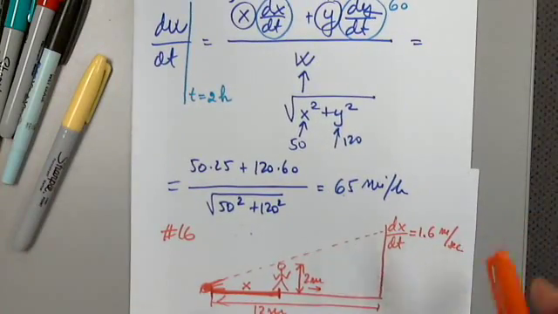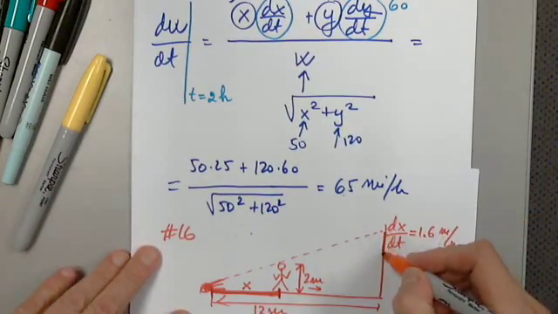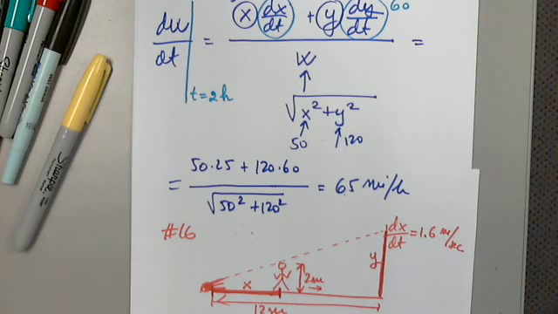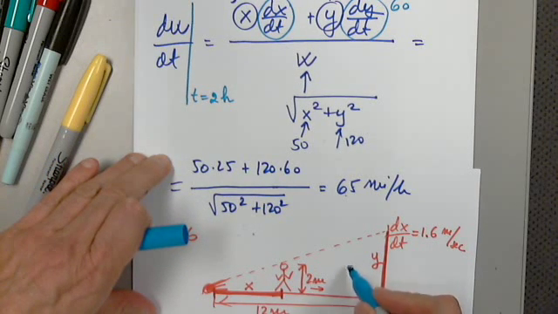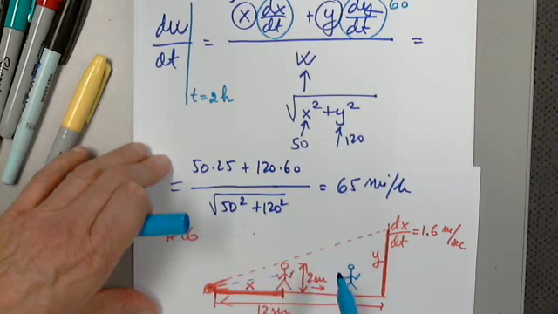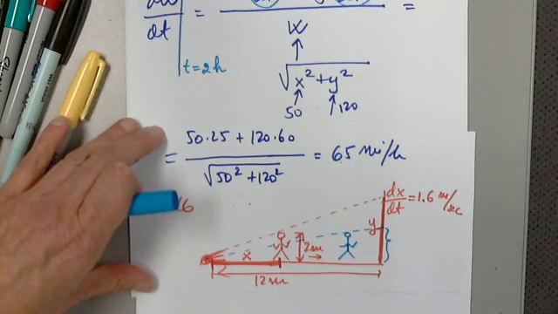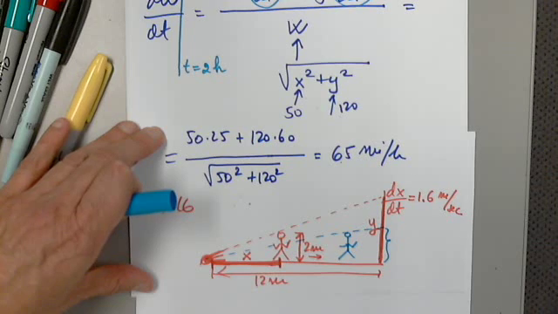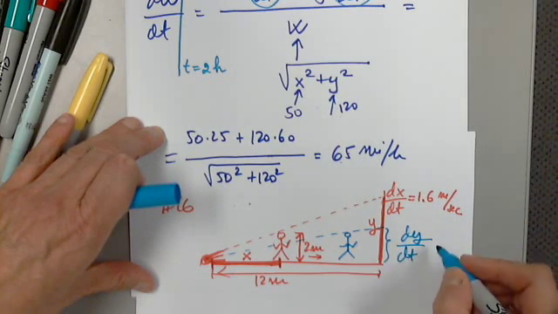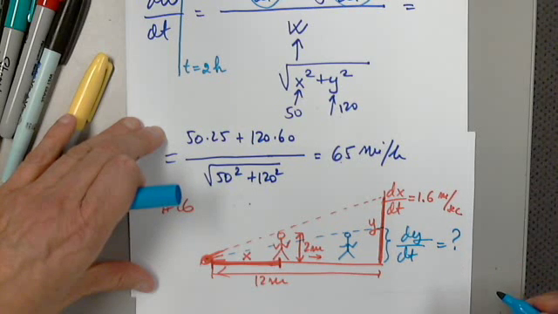So here's what happens. This is the shadow on the wall. We're going to call it y. As he gets closer and closer to the wall, here he is again. This will become the shadow on the building. So obviously dy over dt is what we are asked to find.